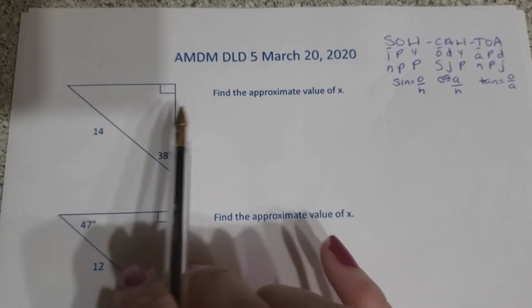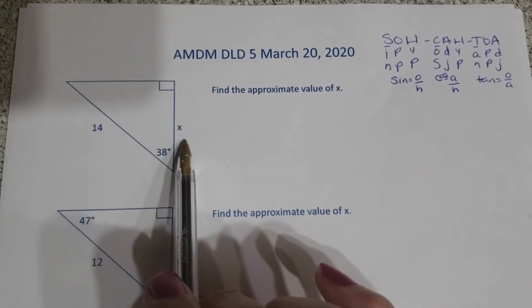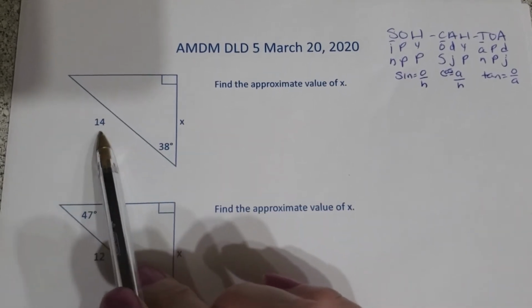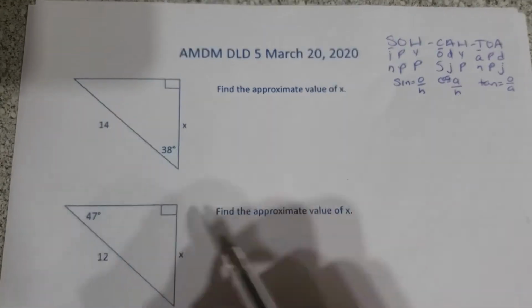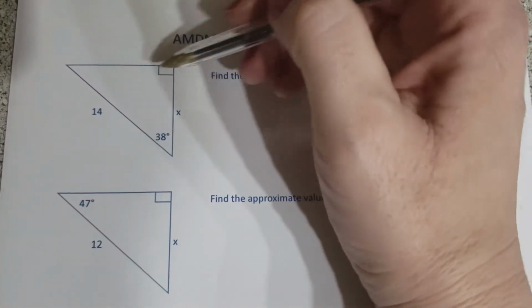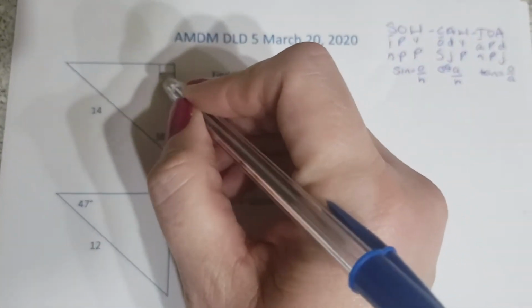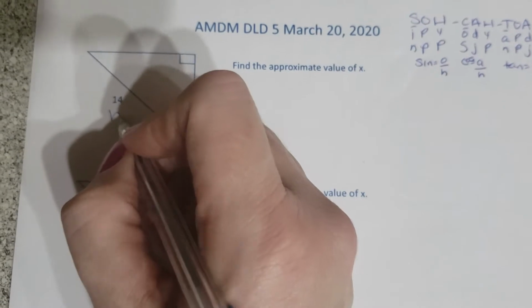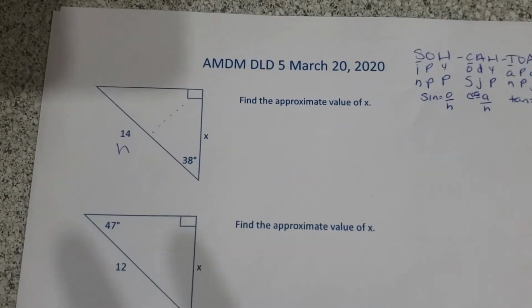So here we need to find the approximate value of x. X is right here. I have an angle that is 38 degrees and a hypotenuse that is 14. I know that's the hypotenuse for two reasons. It's the longest side, but more importantly, it's across from the right angle. So this is going to be my H, no matter what.